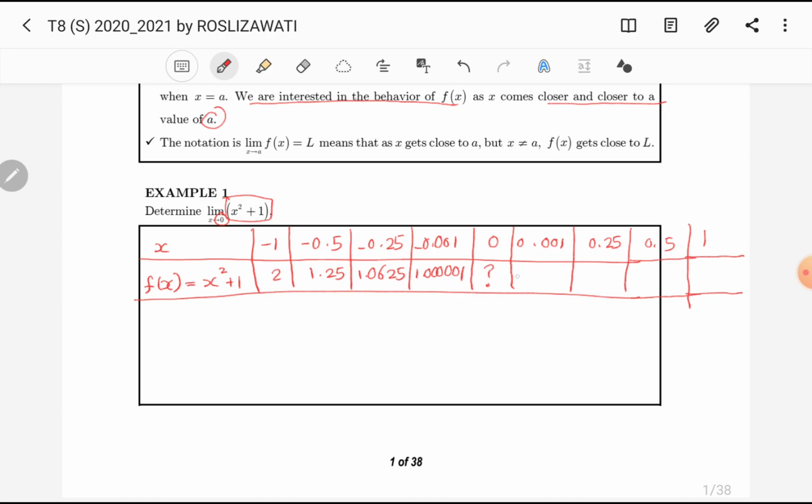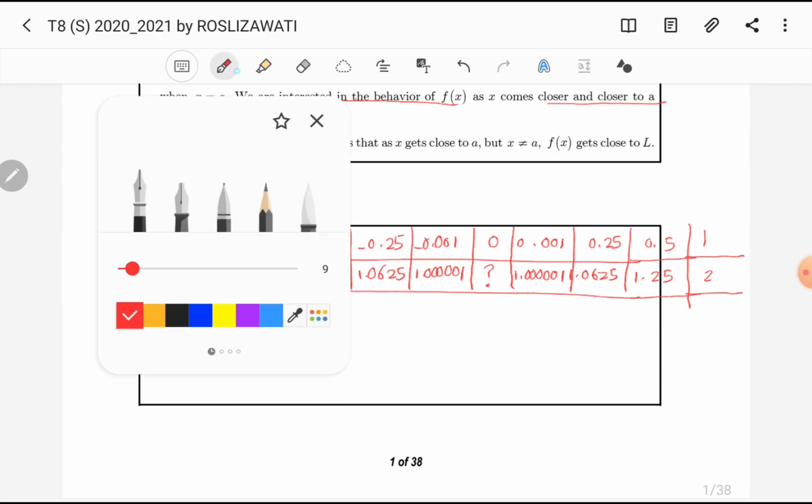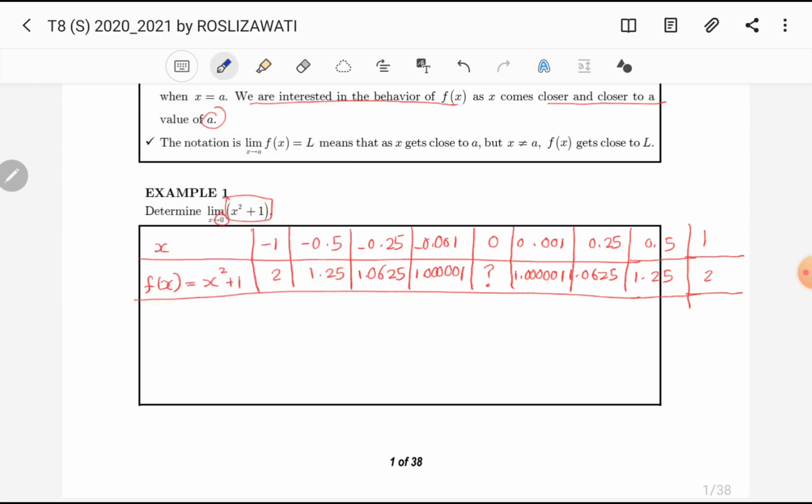Okay, guna calculator je. So next, 1.000001, 1.0625, 1.25 and 2. If you notice here, let's say kita consider the positive part dulu. So kita start from 1 and we go closer to 0.